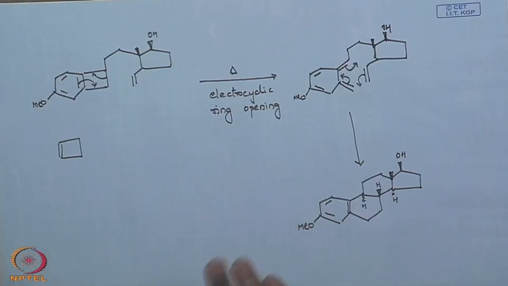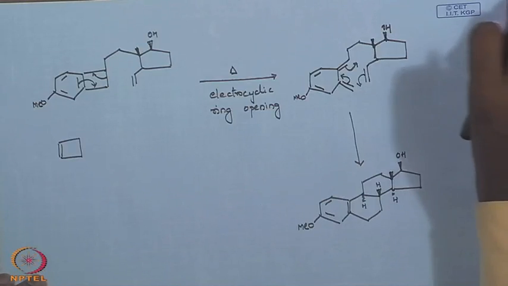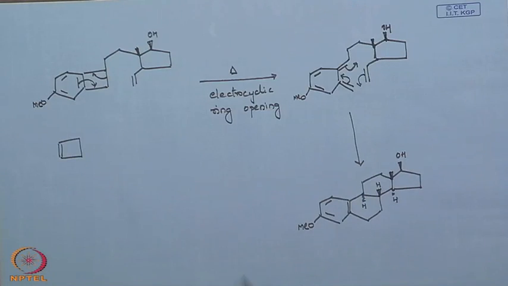That's what I am saying, there are several examples by which you can understand these electrocyclic reactions. It's not only about electrocyclic; you have to think of all combinations of pericyclic reactions, and if you apply them together you can see many biosyntheses and natural product syntheses.